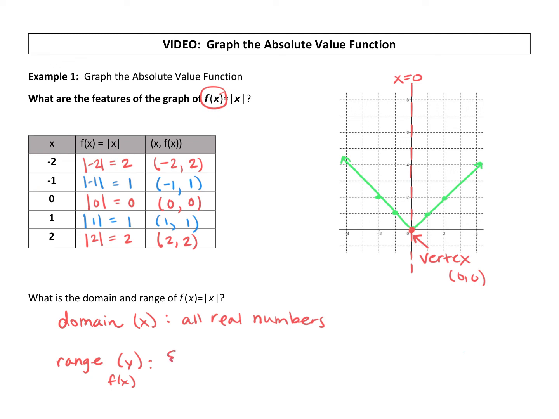We do a little bracket, and we're saying the range is all of the y's such that, maybe let's make a little note. That little line, when we're reading it out loud, we read it as such that. So the range is all the y's such that your y's are greater than or equal to 0. And that is one way to represent your range.